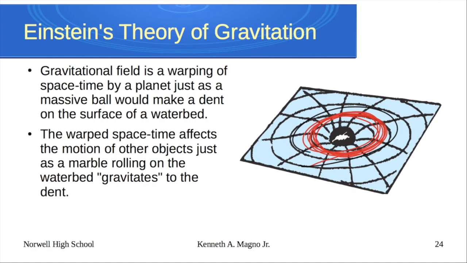But if it wasn't at the right speed, what if I launched something in here and it was going too slow? Well, what might happen is it might spiral in and crash. That's like that coin fountain at the mall. You put the coin in, it slowly spirals down the little vortex because it's not going fast enough to maintain going around in an orbit. So it gravitates towards that center deviation, that dent, we'll call it, in space-time.